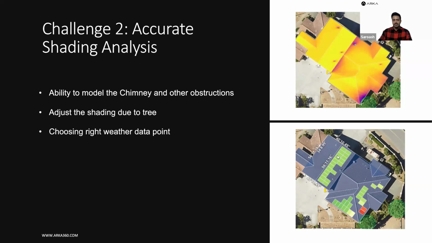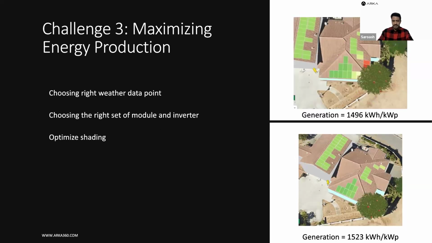Now we can talk about the third challenge, which is also related to the design: maximizing energy production. I've seen it quite often, and it's related to the past two slides we have discussed. It's about the design, the optimization, and shadow analysis.